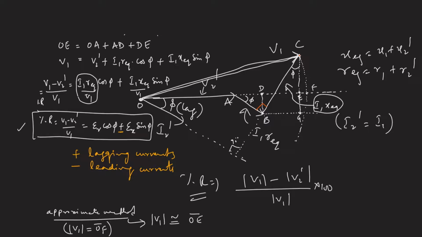What is ER? The resistive drop taken as a percentage of the rated voltage, and EX is the reactive drop taken as a percentage of rated voltage. Okay, now this is the formula for regulation.